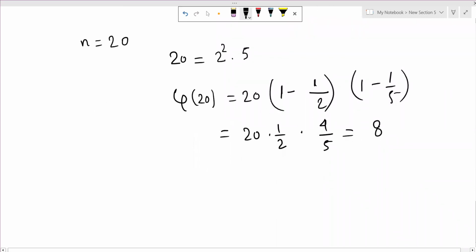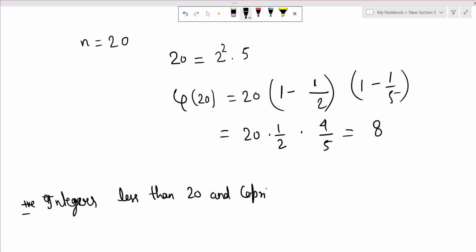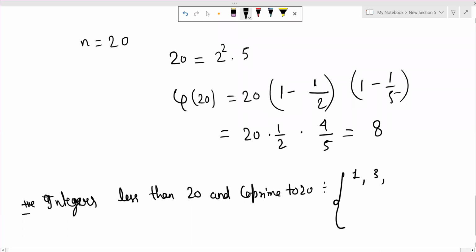Let me verify that this is correct. How will you verify? Count the positive integers less than 20 and co-prime to 20. What are they? Let's list them: 1, 3. Is 2 co-prime to 20?